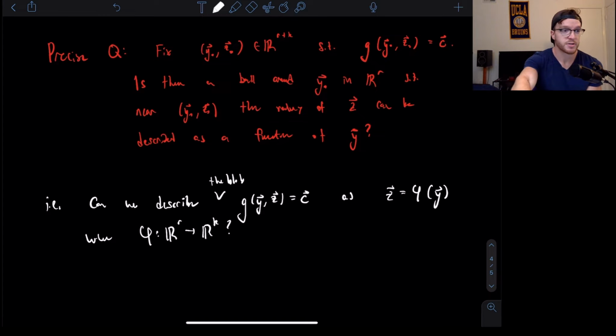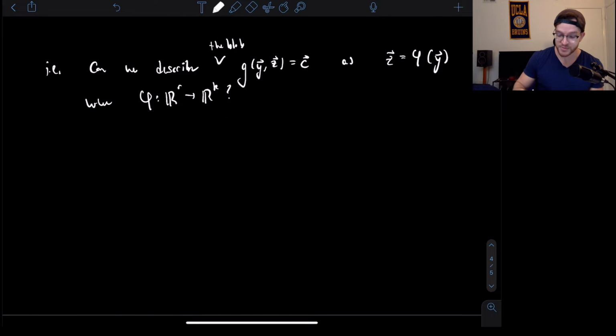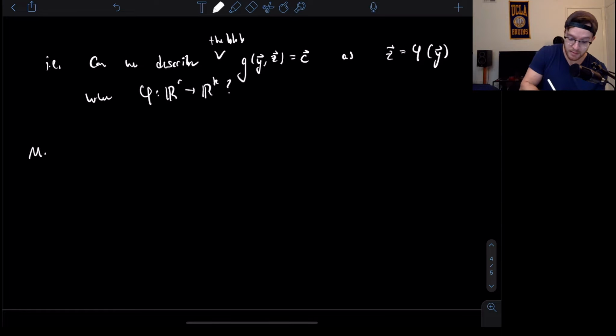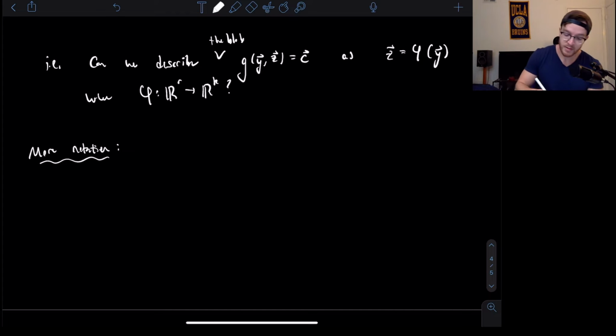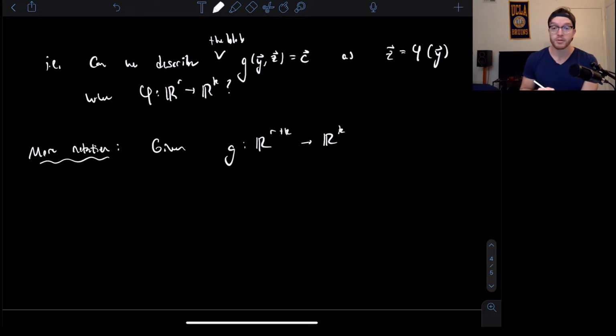Okay, so I mentioned that it turns out that the answer is related to some sort of matrix inside the Jacobian being invertible. So what I want to do is introduce some more notation. Given a function g like this, so this is a function from R^(r+k) to R^k, well, we could compute the Jacobian, right?